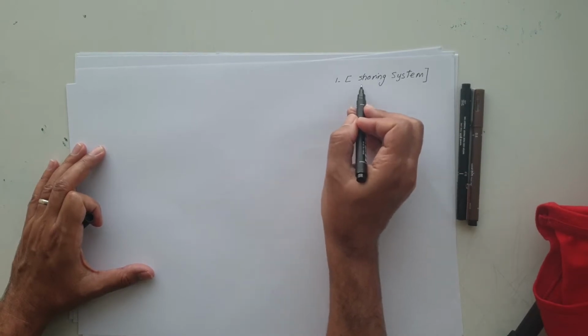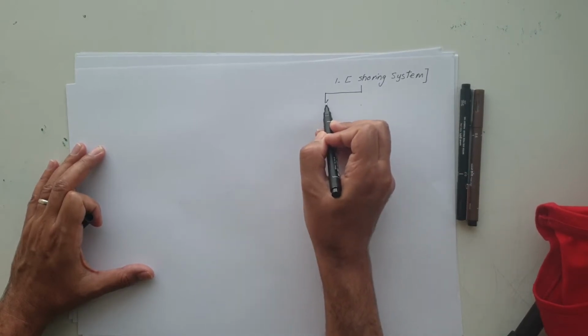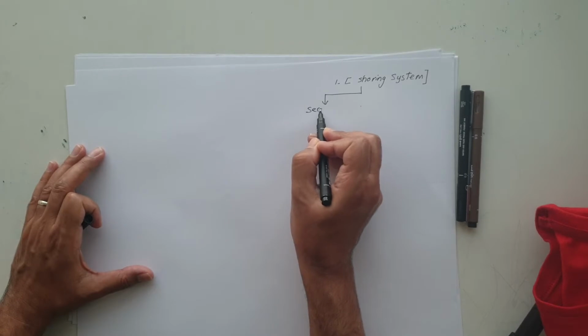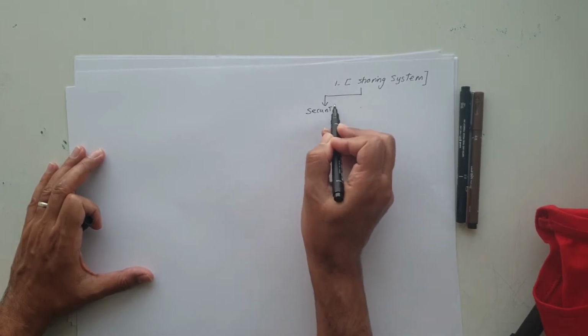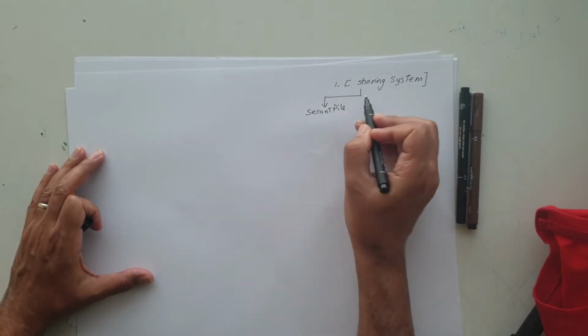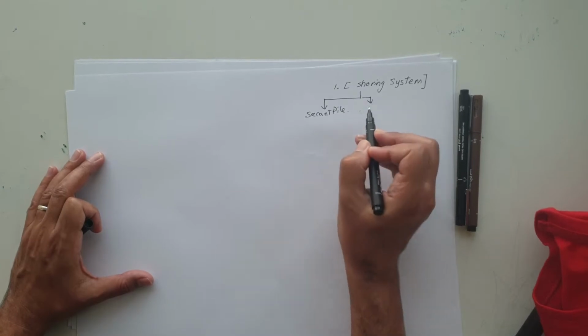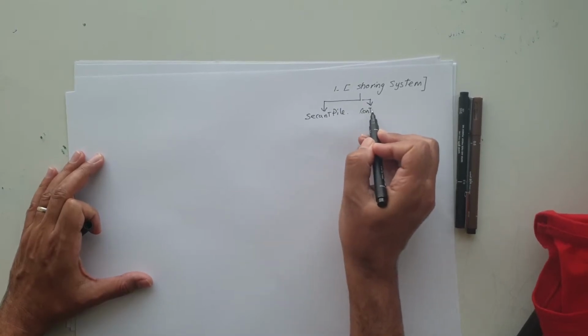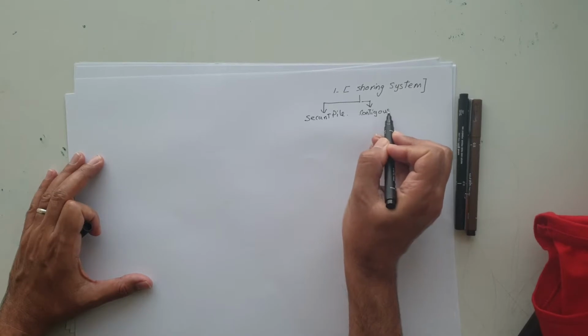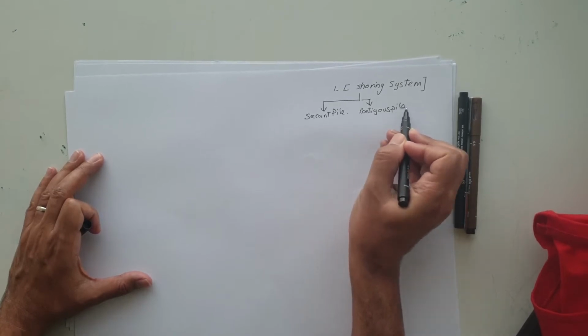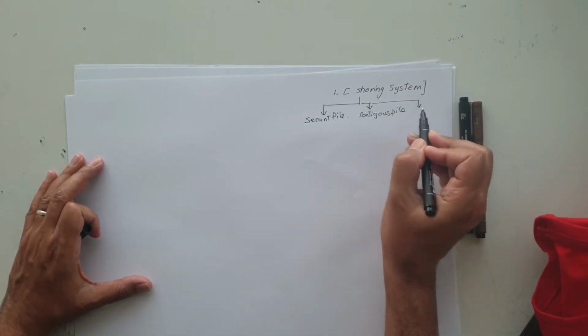And in the shoring system, we'll talk about the following. We'll talk about secant pile, contiguous pile, and steel beam.